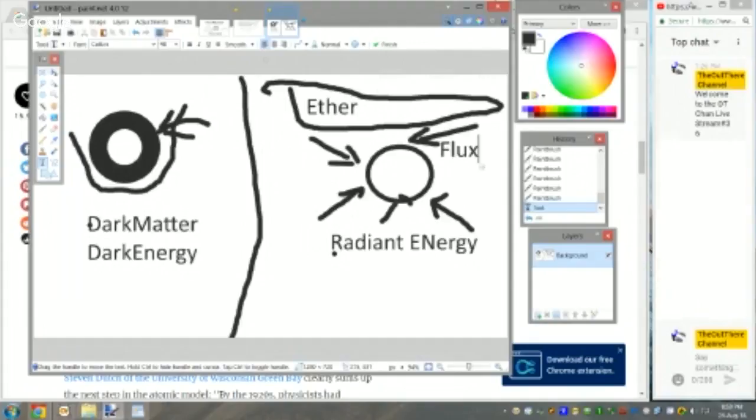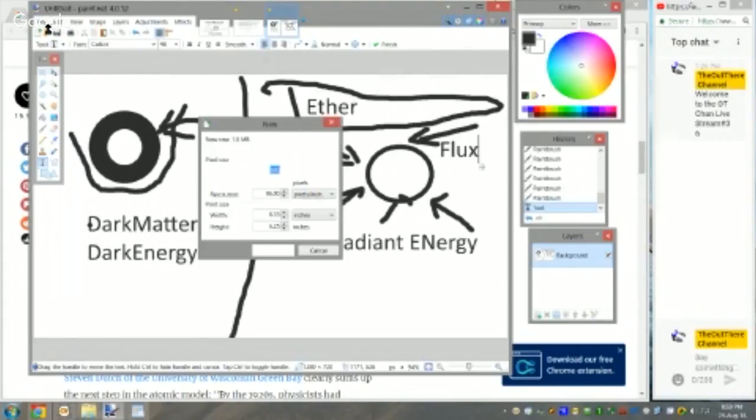So once we know what gravity is, we now have to figure out a way to block the radiant energy going to the atom on a particular side. So let's go back to our diagrams of the UFOs. This is how I'm sort of wrapping my head around it.